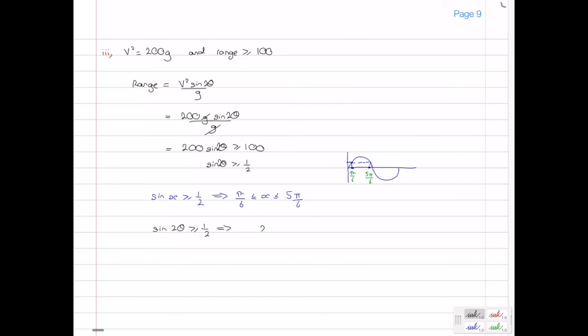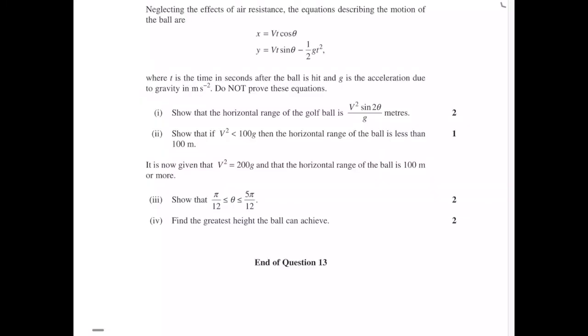So that means 2 theta needs to be between pi on 6 and 5 pi on 6, which means that theta is between pi on 12 and 5 pi on 12, as required. So that's the end of part 3. And then part 4, find the greatest height the ball can achieve.